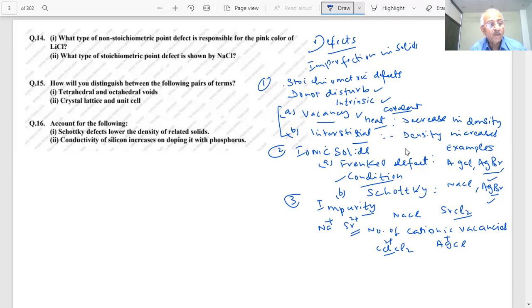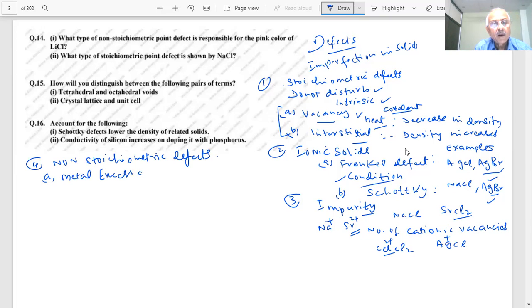So this is important. What is the meaning of non-stoichiometric defect, students? Non-stoichiometric defects are those defects which alter the stoichiometry of the solid. What is a metal excess defect?